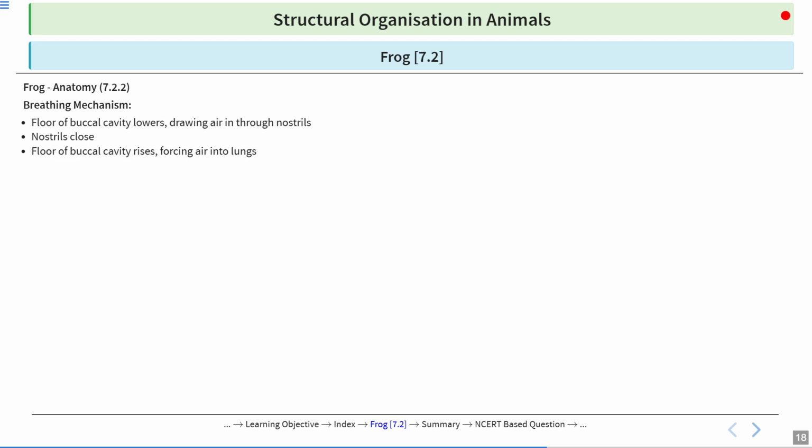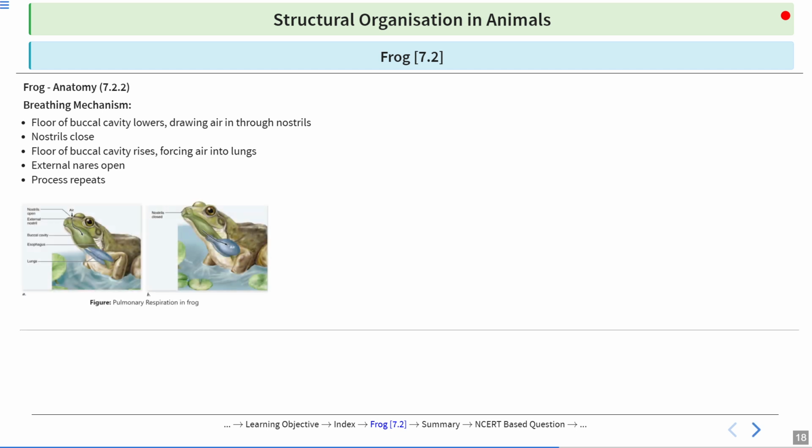The floor of the buccal cavity raises, forcing the air that is present in the buccal cavity towards the lung. So external nares again open and the process repeats. So in this way, the respiration occurs inside the frog. This is the breathing mechanism.